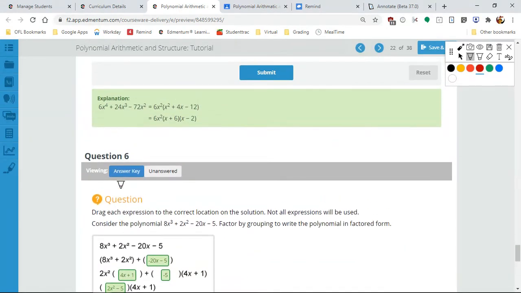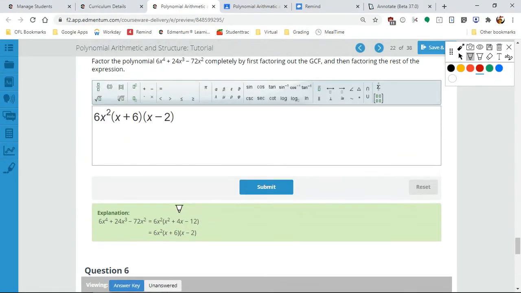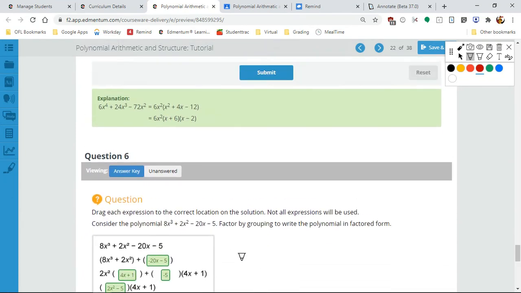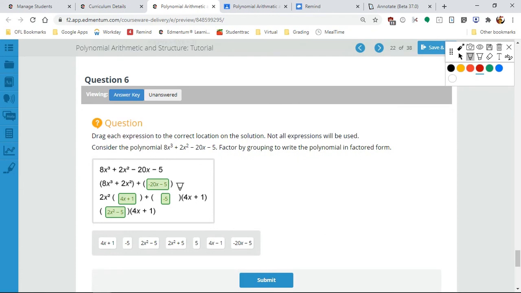All right, so the next thing here, they're going to try to drag the expressions on what we're going to do here. So what they're doing here is they're essentially doing what's called factoring by grouping. This is a very tricky skill to do. This one's actually not that bad because it's a trinomial, or 1, 2, 3, 4, it's a quadnomial.